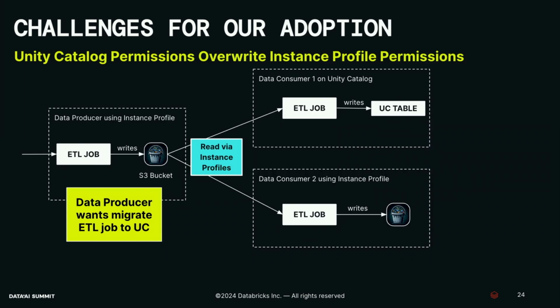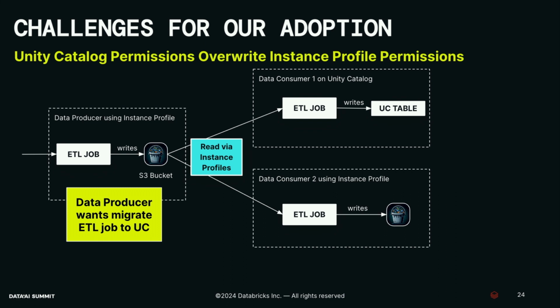Okay, last challenge is that currently we use instance profiles or AWS IAM roles to give access to S3. Imagine you have a data producer which is still in this old IAM role, instance profile world. This data producer writes data to an S3 bucket, and then there are two data consumers. One is also still on an instance profile, but one consumer has already adopted Unity Catalog.